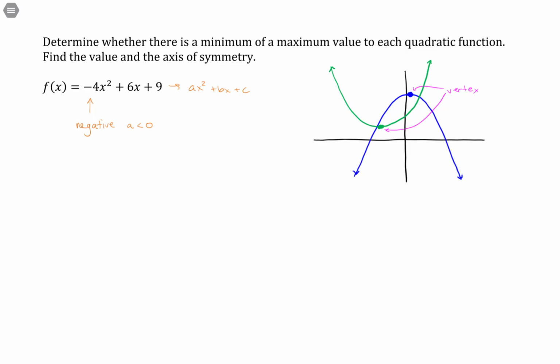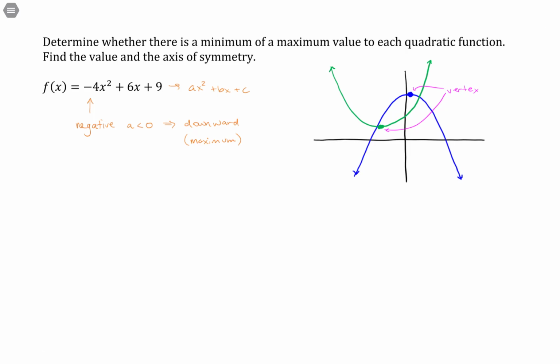When a is less than 0, the parabola is going to be facing downward. And if the parabola is facing downward, the vertex is going to be a maximum. So we are looking for a maximum value here.